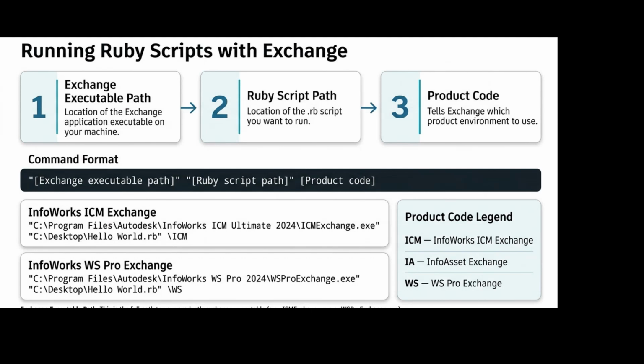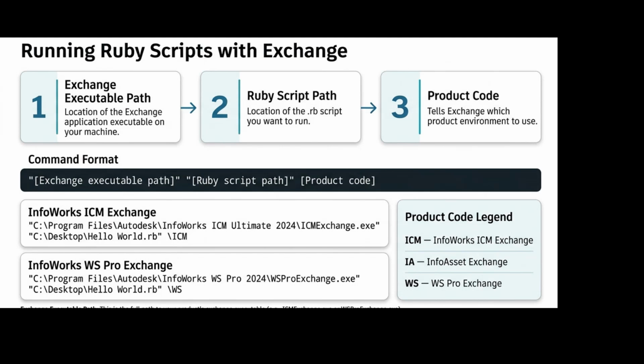First is the Exchange executable path. This is something your product license determines, whatever you are running. I think for 2024 ICM Exchange, it is the ICM Exchange.exe execution file, or for the other product it is something else. I'm not sure, but I will tell you how to find these.